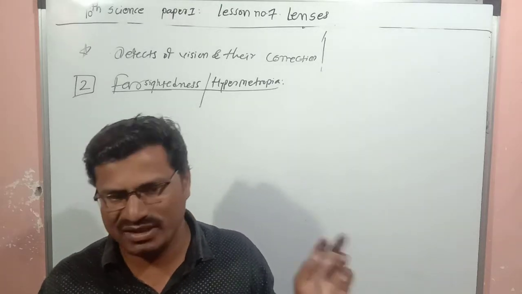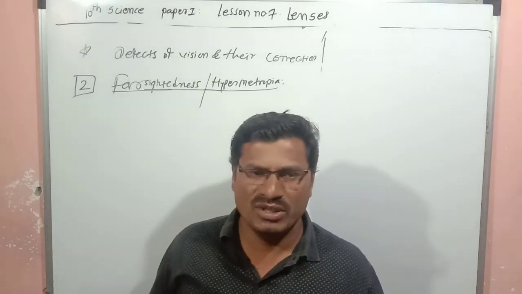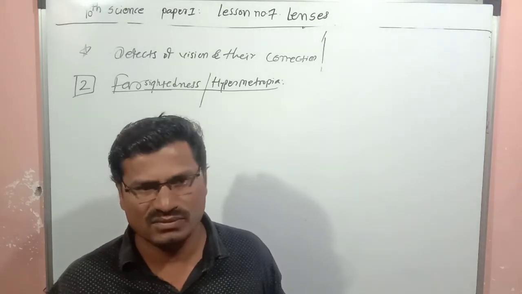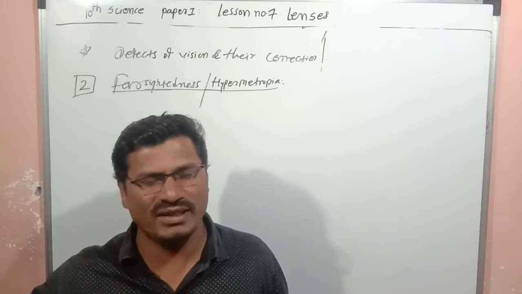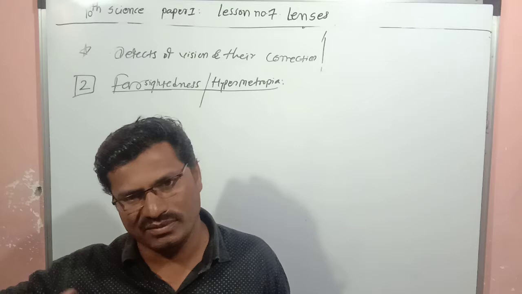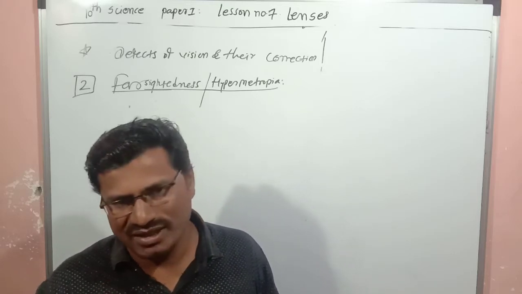That's why this defect arises. Third point, the image of a nearby object is formed behind the retina. So what are the reasons for that?